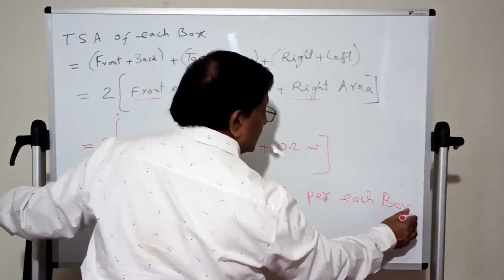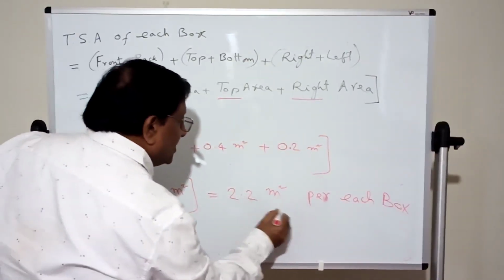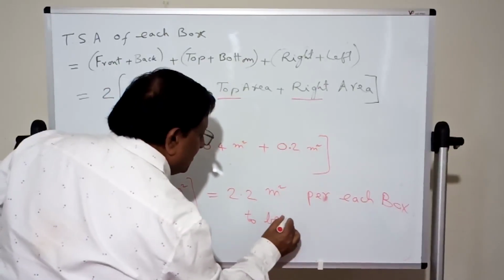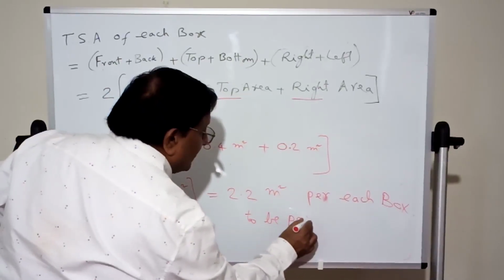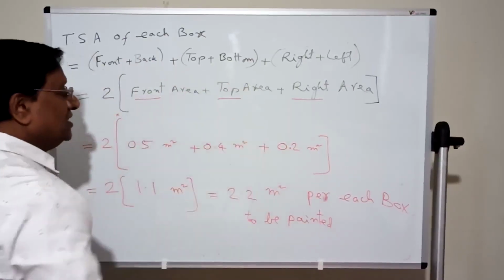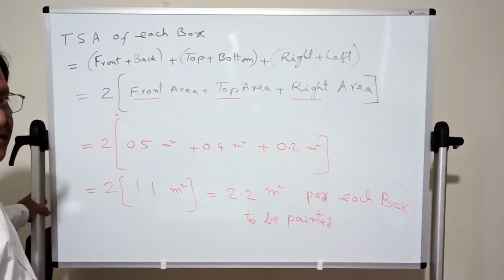This is the total surface area to be painted per each box. 2.2 square meters per each box, 6 faces to be painted. Painting always comes with the surface area, because so much area is to be painted.